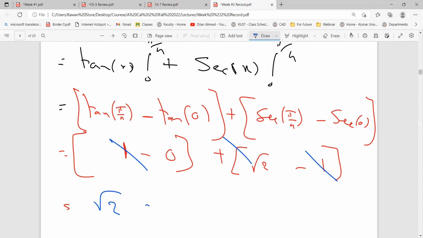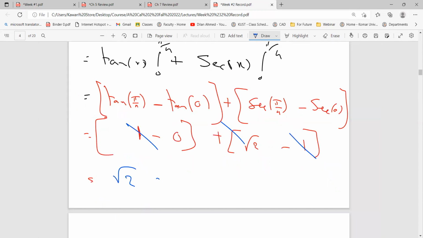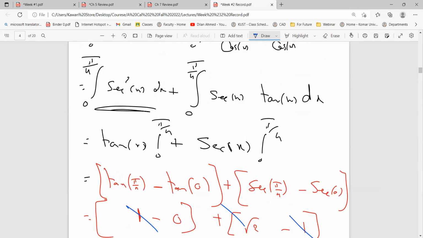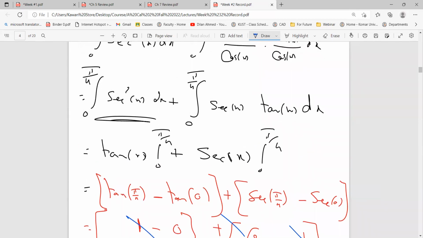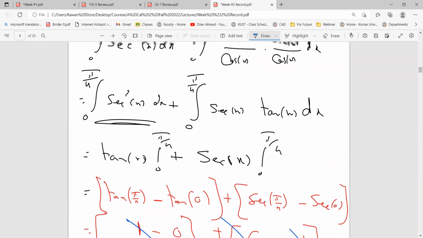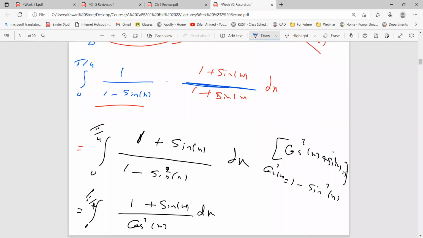Understood? Of course not. You don't understand. So where's the difficult part? Tell me, which one is the point that you're stuck on? Maybe at the beginning, you don't know why we multiplied here. I told you, because we were stuck.